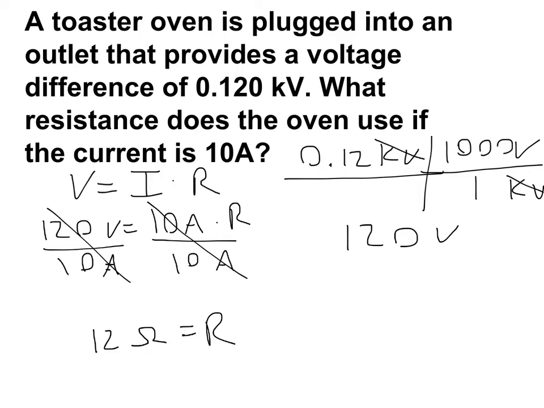Again, to show this correctly, I showed my formula. I showed how I converted 0.12 kilovolts into volts. I plugged my numbers in, I showed all my units within my numbers, and I have my answer with the correct units. That's the work that you need to show for every problem.